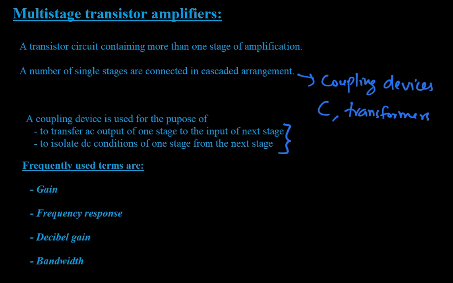They are the gain and the frequency response. We will discuss these terms in detail. The gain is already discussed in the previous lectures, but we will introduce the gain of a multi-stage transistor amplifier here.